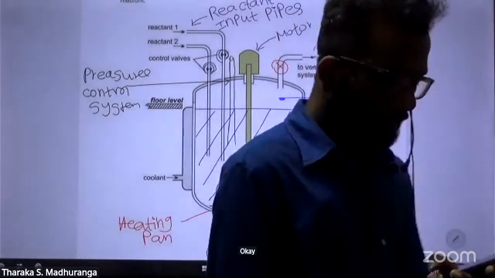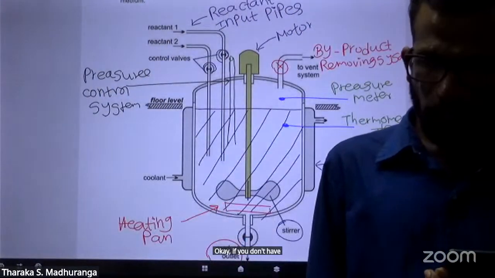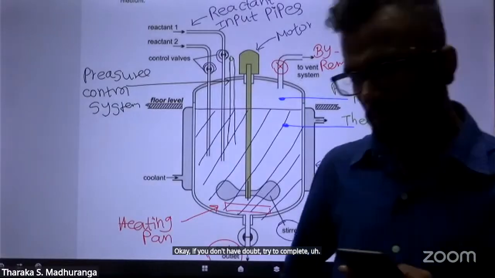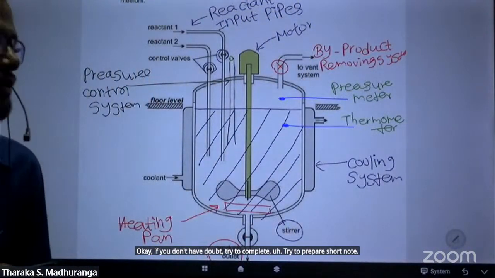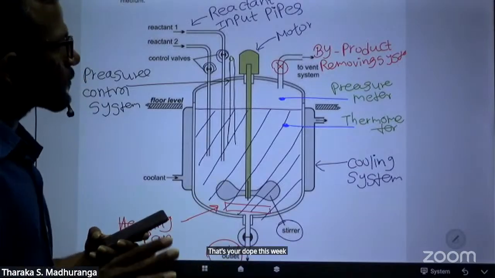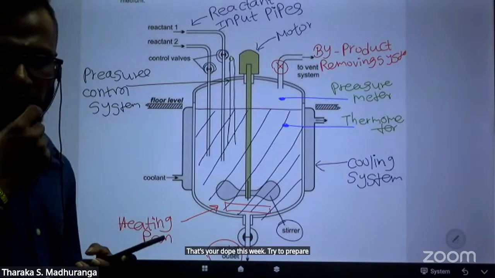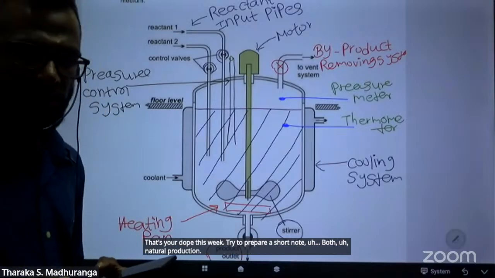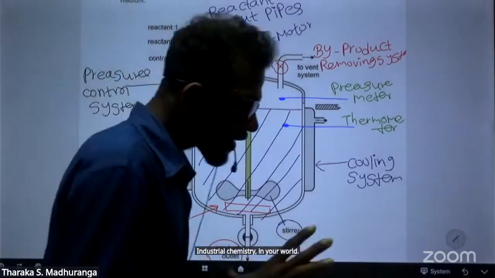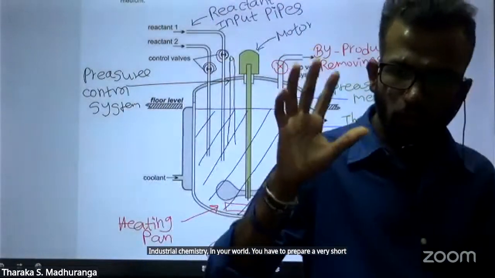Okay. If you don't have doubts, try to prepare a short note. That's your job this week. Prepare a short note of natural products and industrial chemistry, in your own words, handwritten, including all parts.